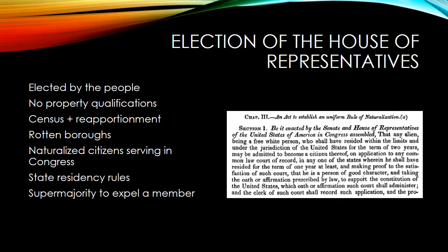Another thing that was incorporated into the House of Representatives that was different from what happened in Parliament was you needed a supermajority for either house to expel a member, whereas in Parliament you only needed a simple majority.